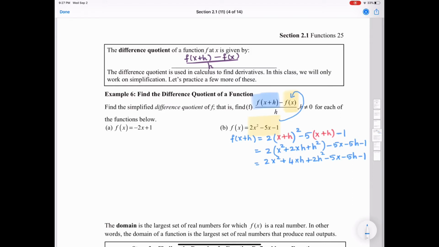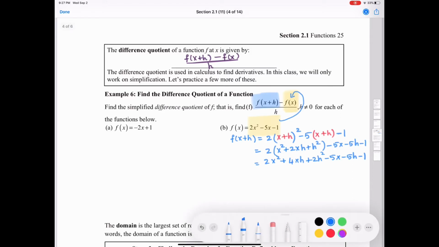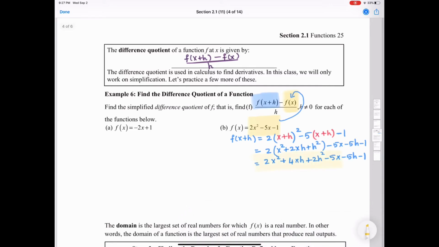Now this is the one that I'm going to plug back into this part where I have my f of x plus h.